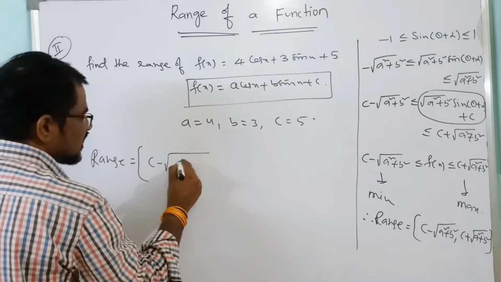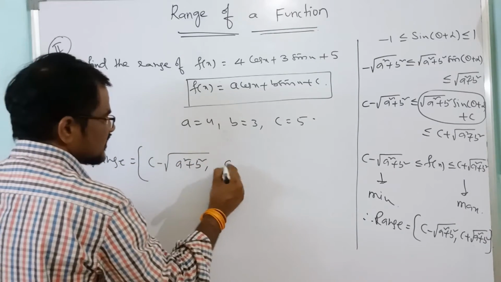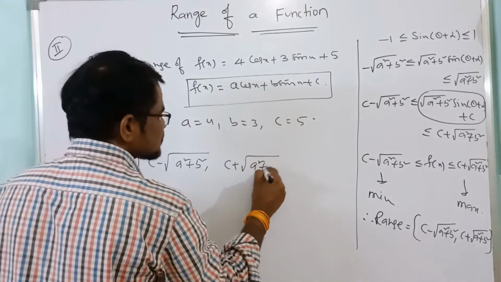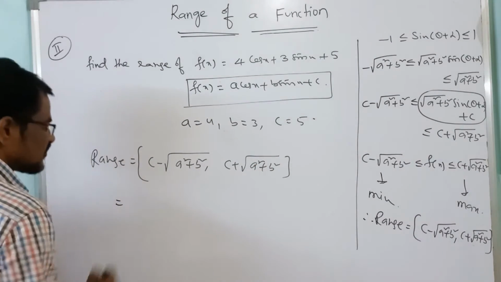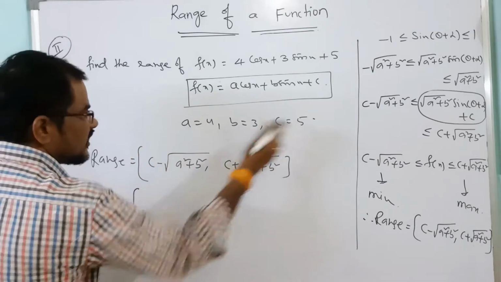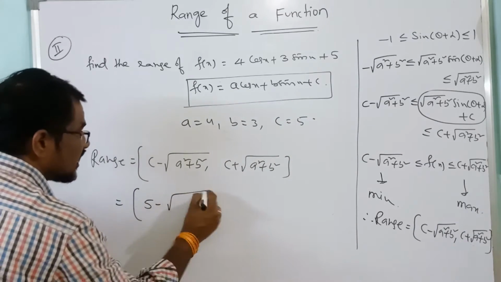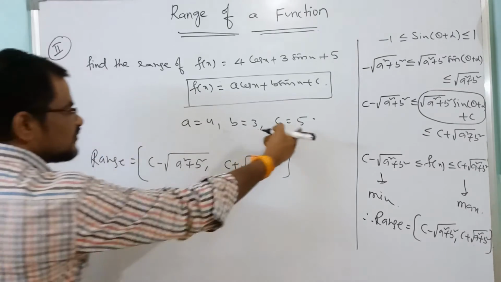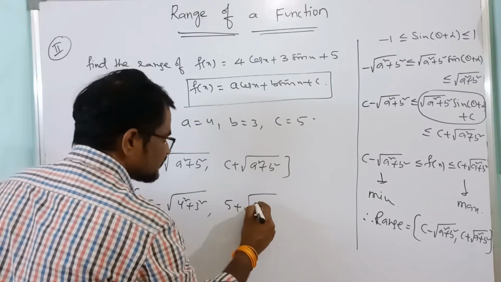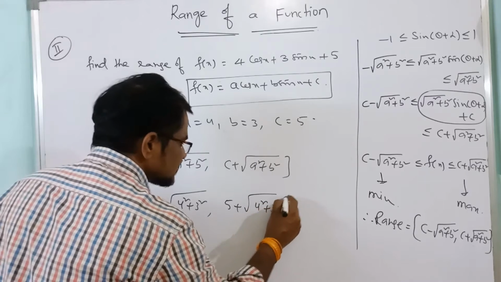c minus root of a square plus b square, c plus root of a square plus b square. Now that is equal to, c is 5, so 5 minus root of 4 square plus 3 square and 5 plus root of 4 square plus 3 square.